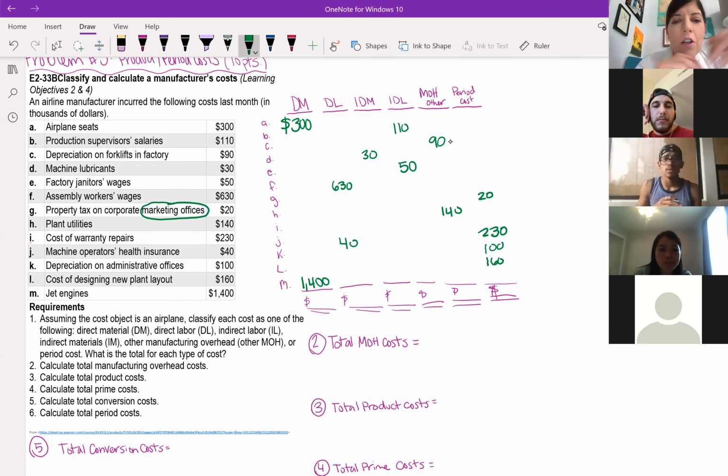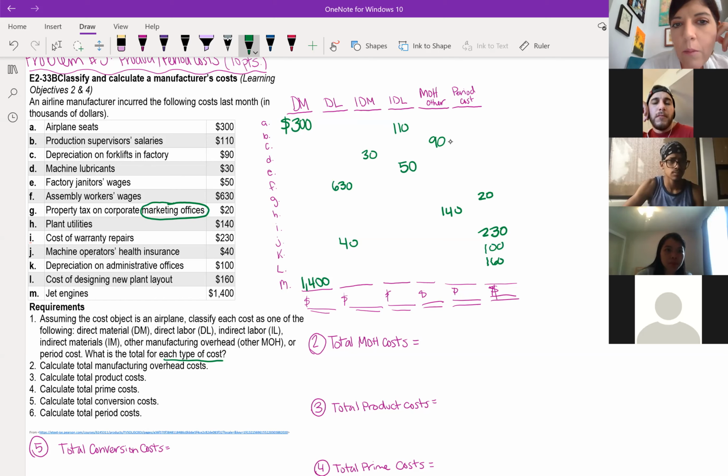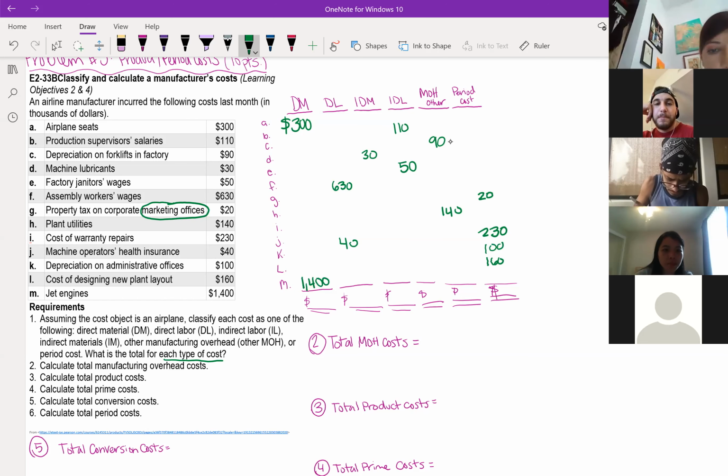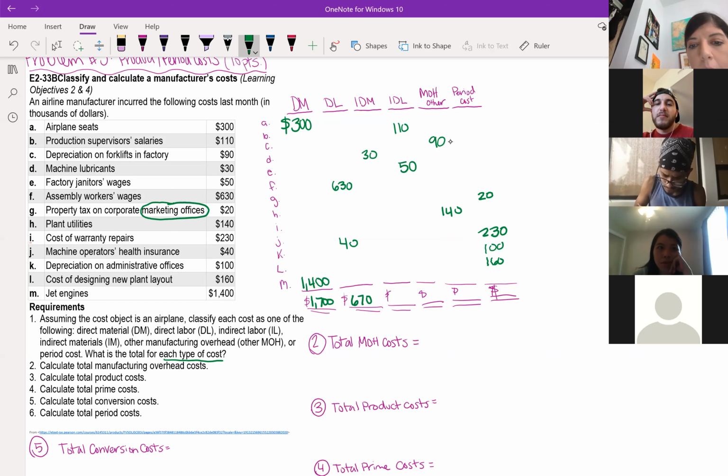Okay. So part 1 is asking you to total up columns. Direct materials, you only had 2 costs. That one should be pretty easy, right? 1,700. Yep. Direct labor, you had 2 costs, so 670. Indirect materials, $30, just one cost.